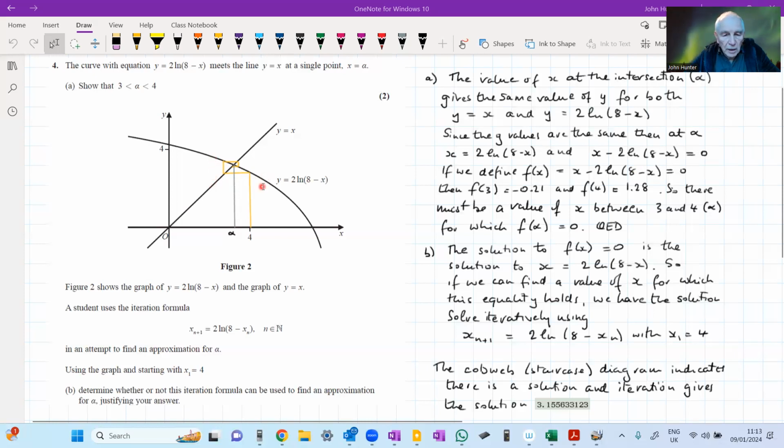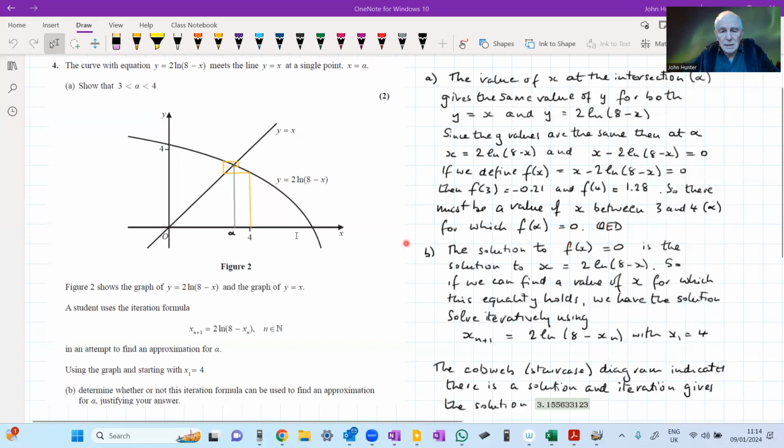And if we look on the other side of alpha, then it's going to be positive. Therefore, because these are continuous functions, there must be a value between 3 and 4 for which, when we evaluate f of x at alpha, it's going to be 0. So that's really what we set out to prove.